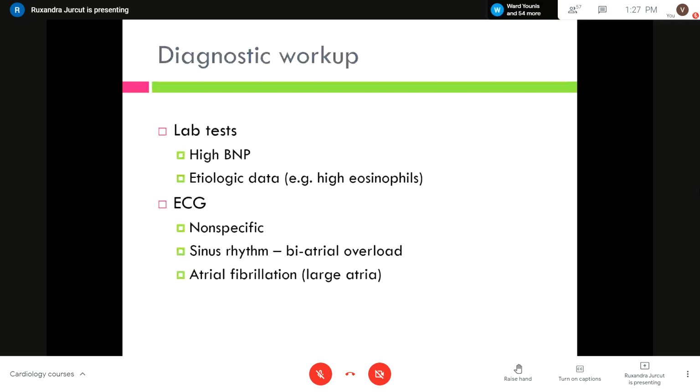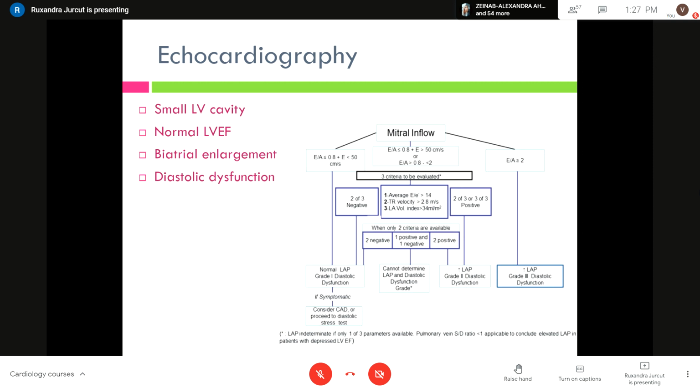There can be things found on the ECG, but it's not something that makes you think of restrictive cardiomyopathy per se. As I said, the echocardiography goes with a small left ventricular cavity with a normal LV ejection fraction, large atria, and dysfunction assessment in the echo course lecture and in the practical lessons.